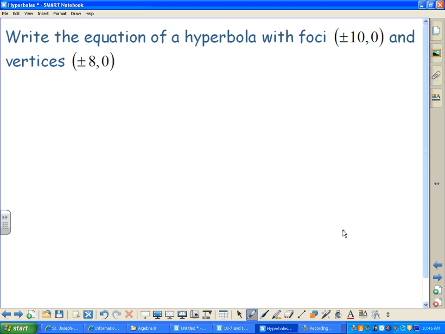This hyperbola is going to be centered at the origin. It didn't specify that, but let's assume that it's centered at the origin. And let's just sketch a quick little graph. So the foci are at plus and minus 10, 0. And the vertices are at plus and minus 8, 0.